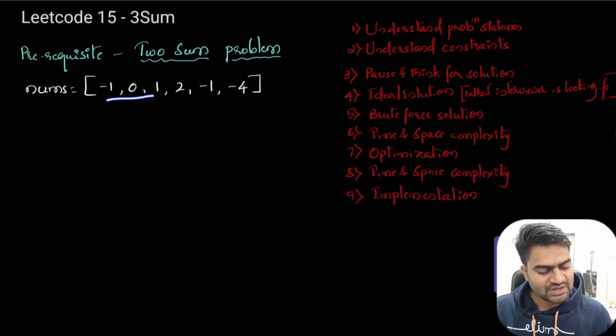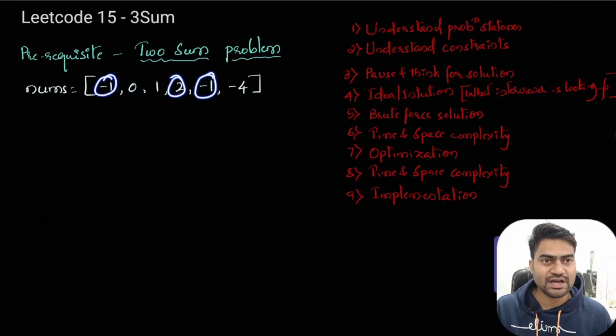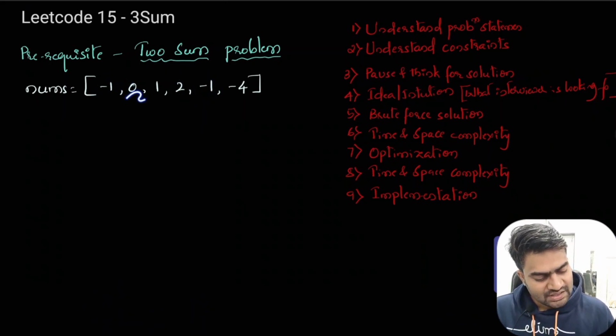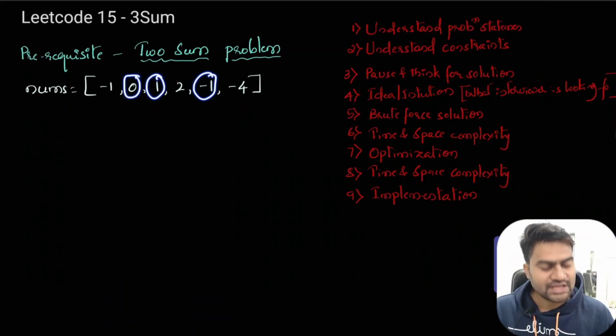So this is another triplet. Now if you see, there is this combination 0, 1, minus 1, which will again give us result 0. But we should not consider this. Why? Because we have already considered minus 1, 0 and 1.